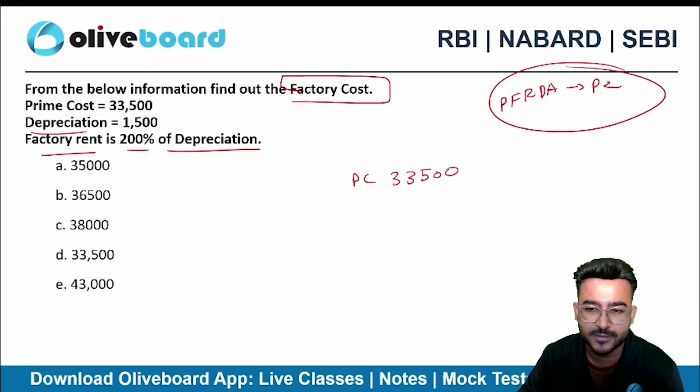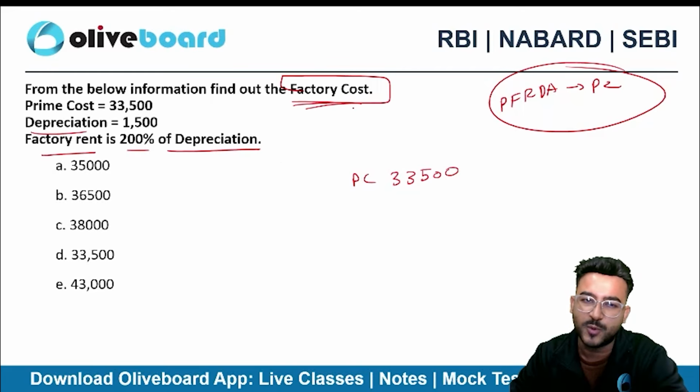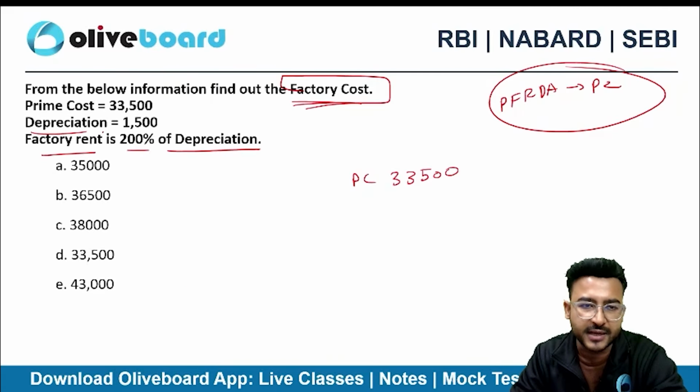So here can I say that depreciation will also be part of my factory cost? Why? Because I am relating my factory rent and depreciation together here.